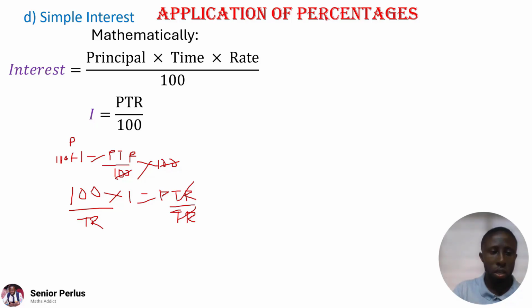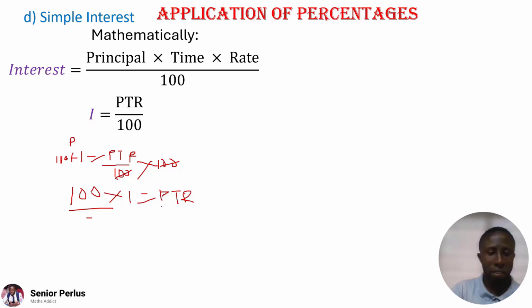Then if you want to find the T, you use the same formula. What should we do? You divide both sides by PR.